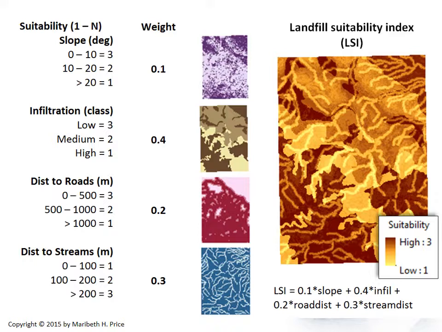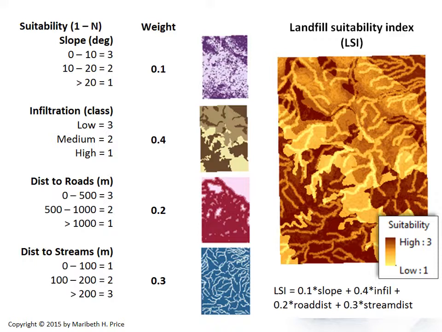So slope from 0 to 10 has a value of 3, 10 to 20 has a value of 2, greater than 20 has a value of 1. It has a weight of 0.1. Infiltration: low infiltration, score of 3, medium, score of 2, high, score of 1, with 0.4 on that. That's really important. We want to prevent chemicals and things in the landfill from infiltrating into the water table that's underneath it.